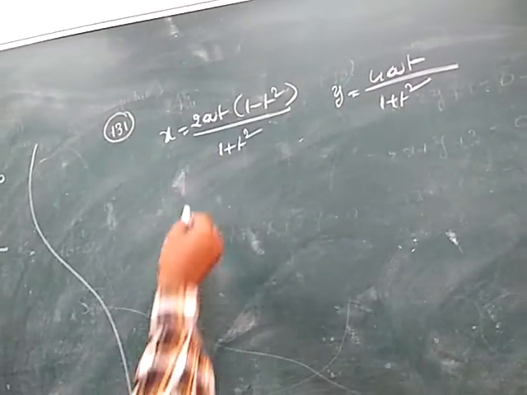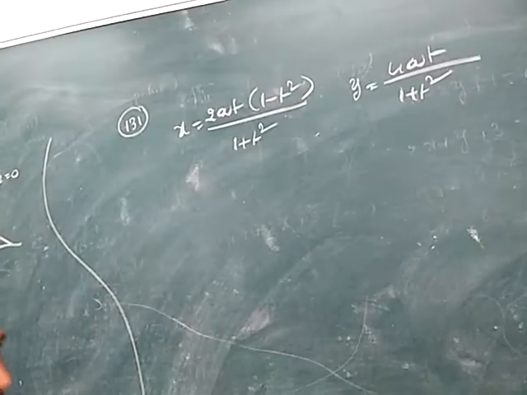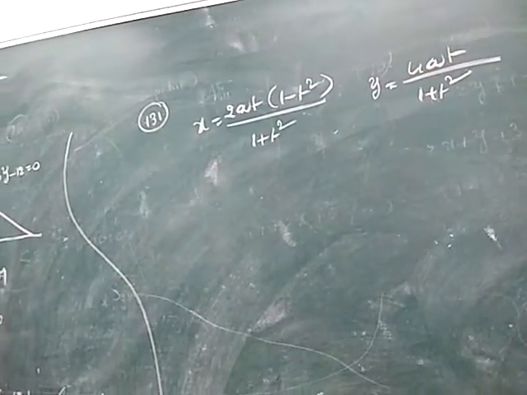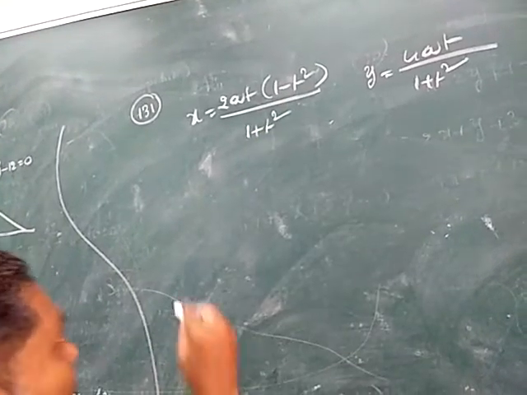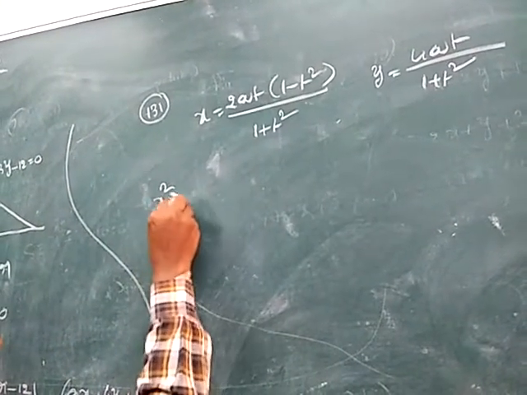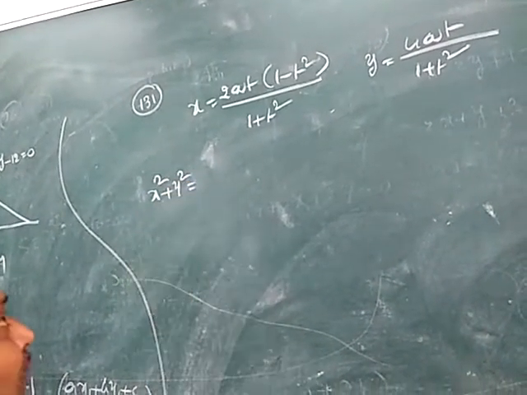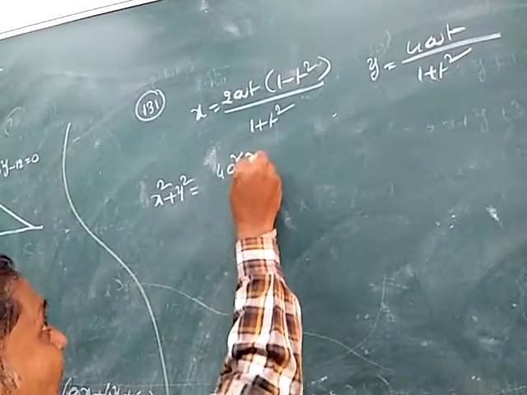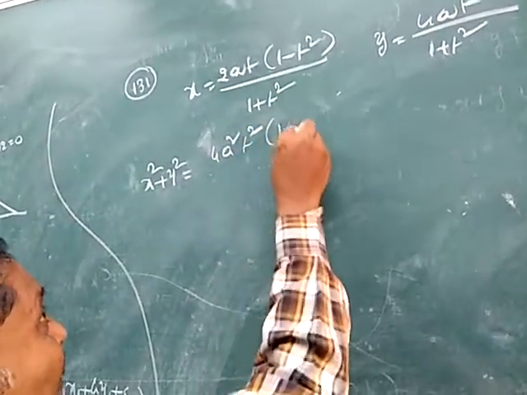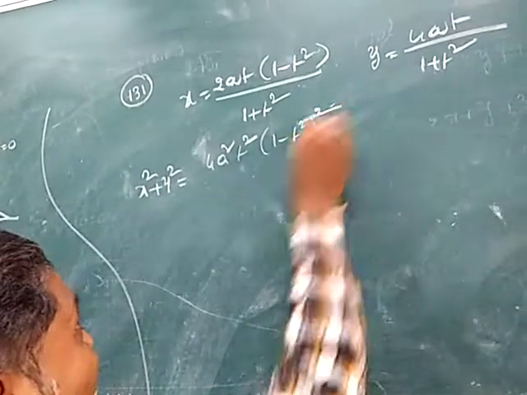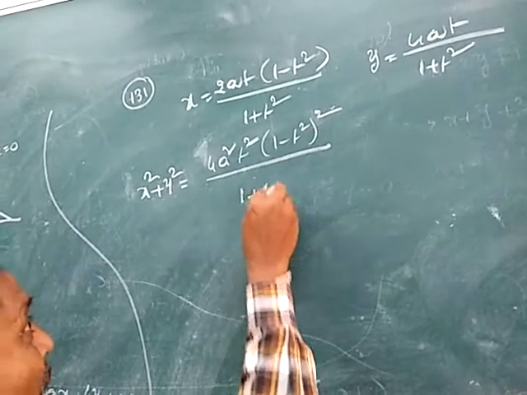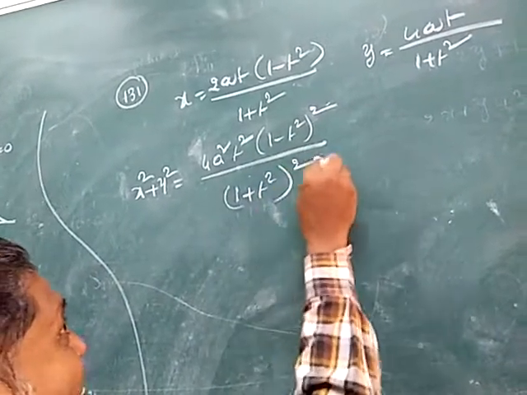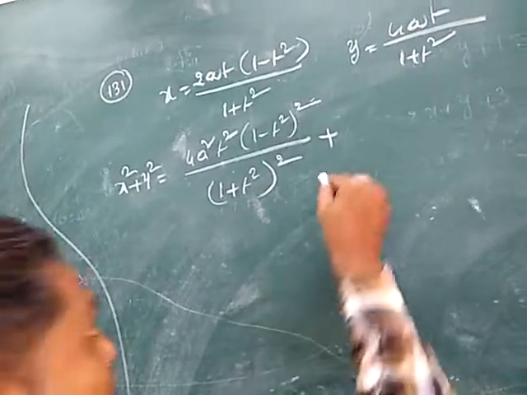So given the parametric equations, eliminate t. Consider x square plus y square. X square value is 4a square, (1 minus t square) whole square by (1 plus t square) whole square.